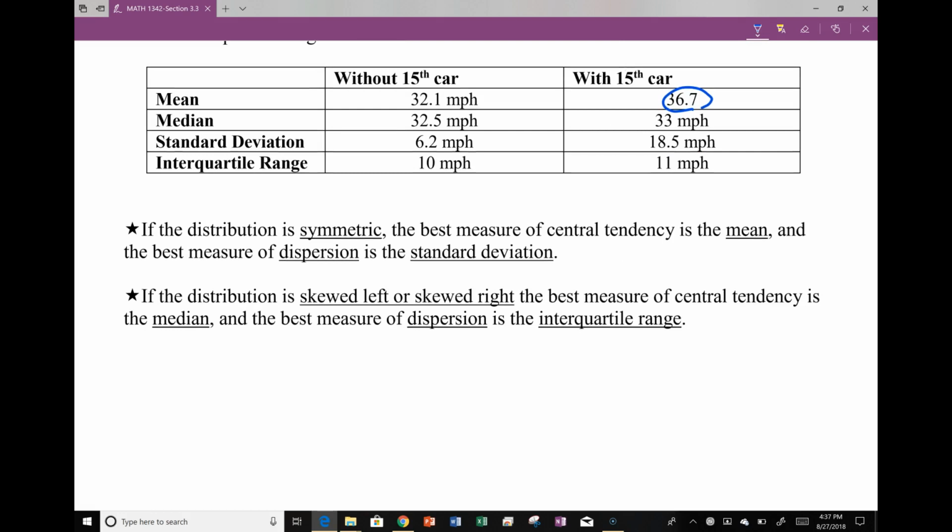So if the distribution is symmetric, meaning that it is bell-shaped, the central tendency is best measured by the mean, and the best measure of dispersion or spread is the standard deviation. This is because we're looking at sides being equally distributed.